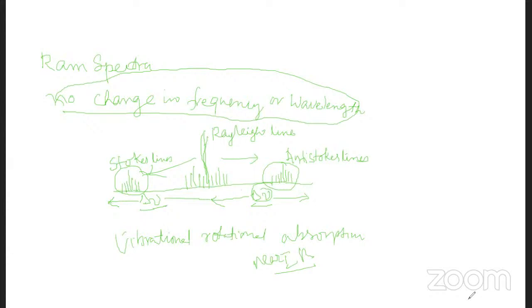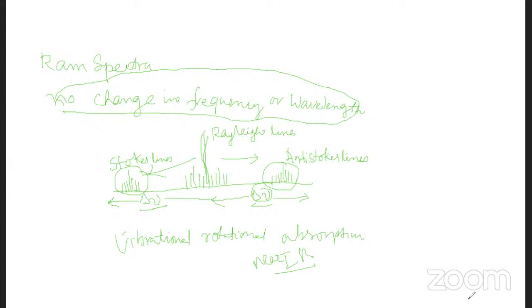Rayleigh observed that there is a change in intensity, but no change in wavelength or frequency. This is what we call Rayleigh scattering.